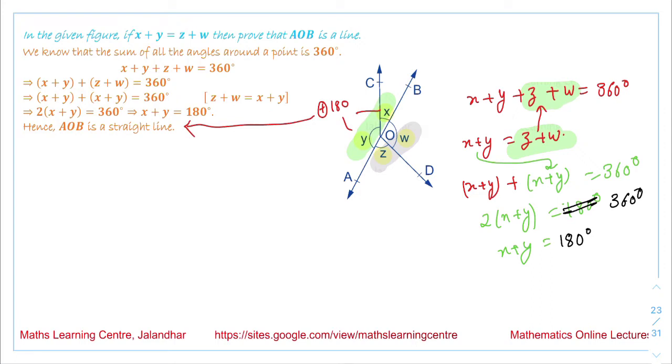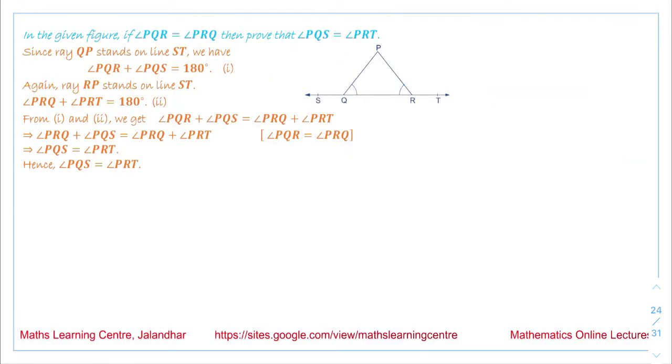Now in this question, it is given that angle PQR is equal to angle PRQ. Suppose the value of this angle is x and the value of this angle is x. Now we have to prove that PQS, suppose we say it is y, and PRT, suppose we say this is z, are equal.